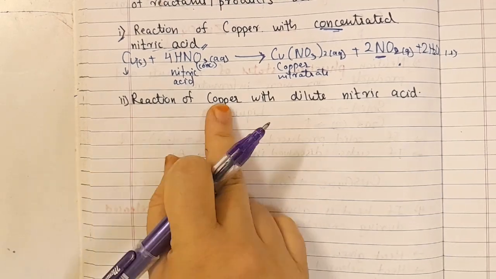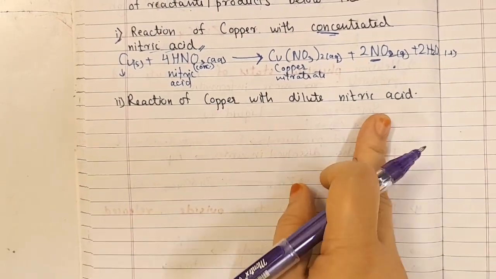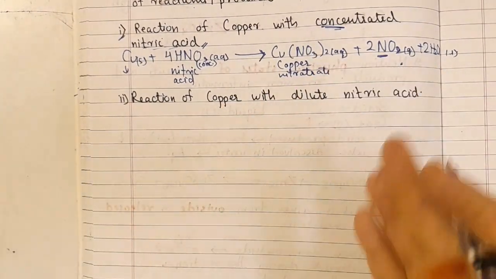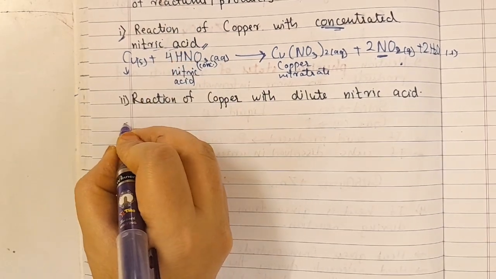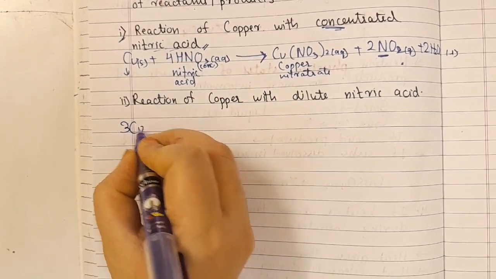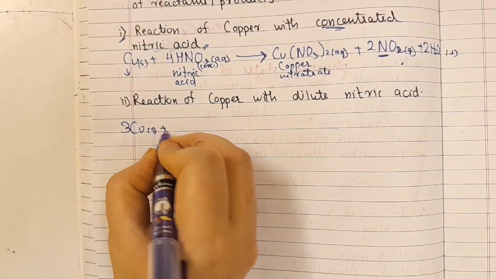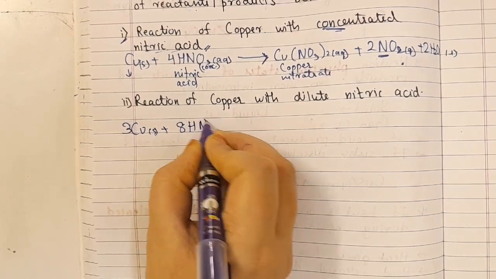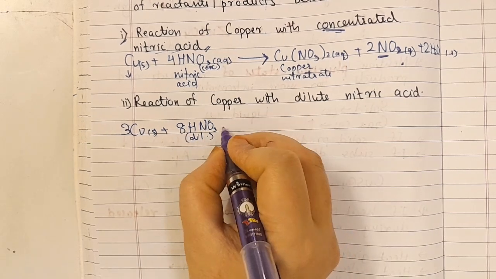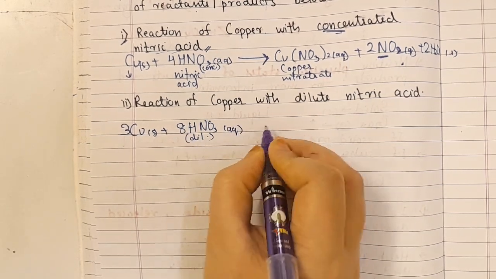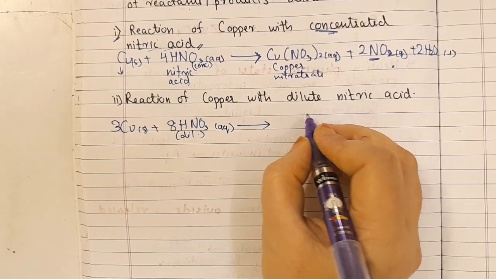The second is the reaction of copper with dilute nitric acid. That means here more water is present than in the concentrated acid. The reaction can be written as 3 molecules of copper in solid form plus 8 HNO3, which is dilute, so we write DIL, in aqueous form, arrow.